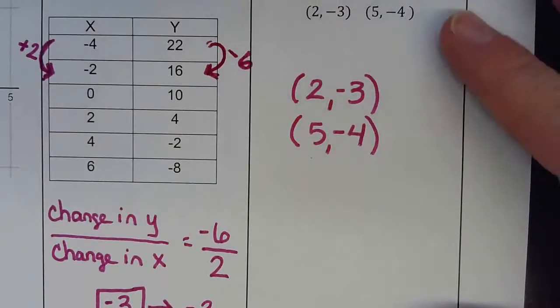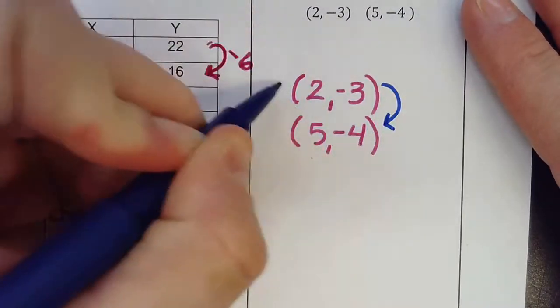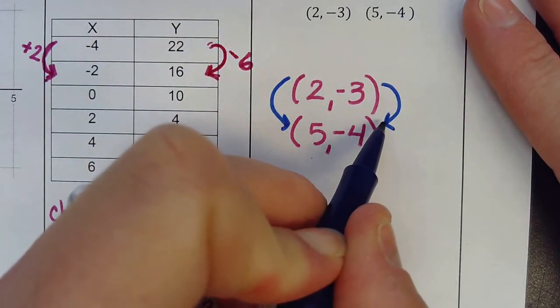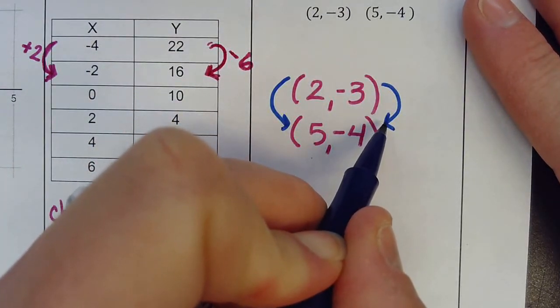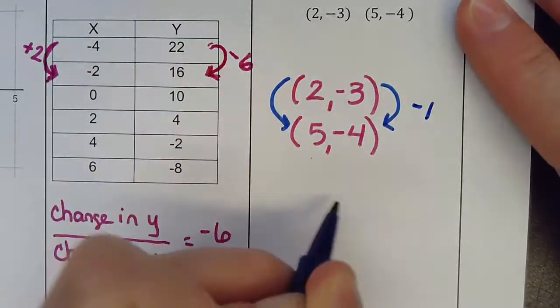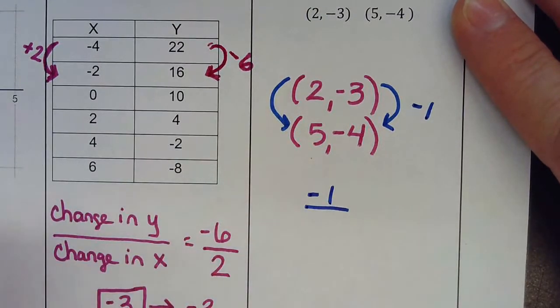We have to figure out, how do the y's change and how do the x's change. So if I go from -3 to -4, what do I do? How do I get from -3 to -4? Subtract 1. So -1 over, how do my x's change?